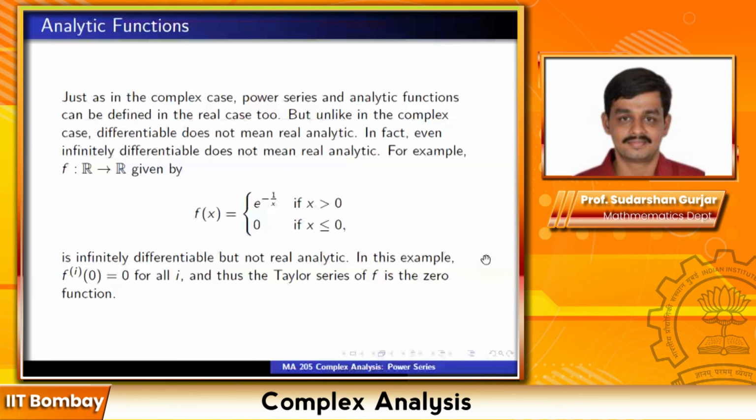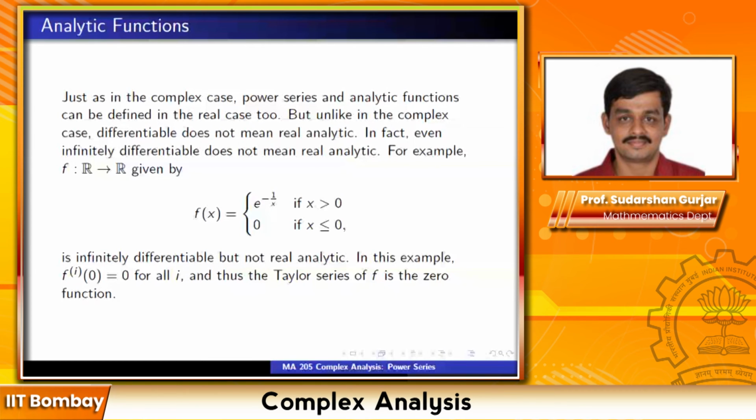I'll explain this calculation. In this example, all the derivatives of the function at 0 are 0. And thus the Taylor series of f is the 0 function. If all derivatives are 0, then all the coefficients a_i will also be 0. a_i is the ith derivative at 0 upon i factorial.